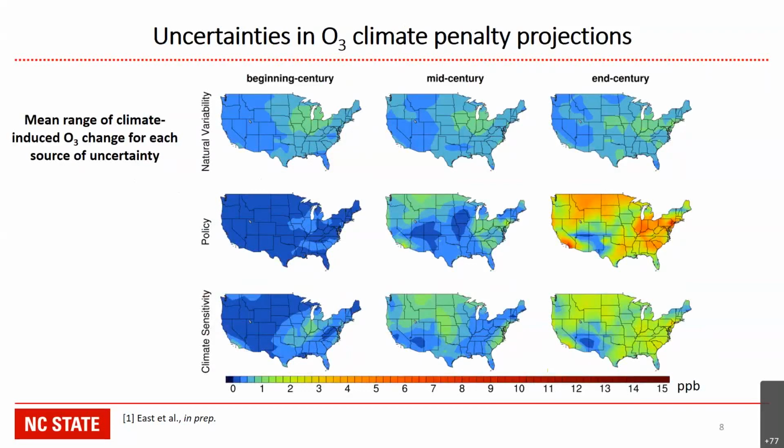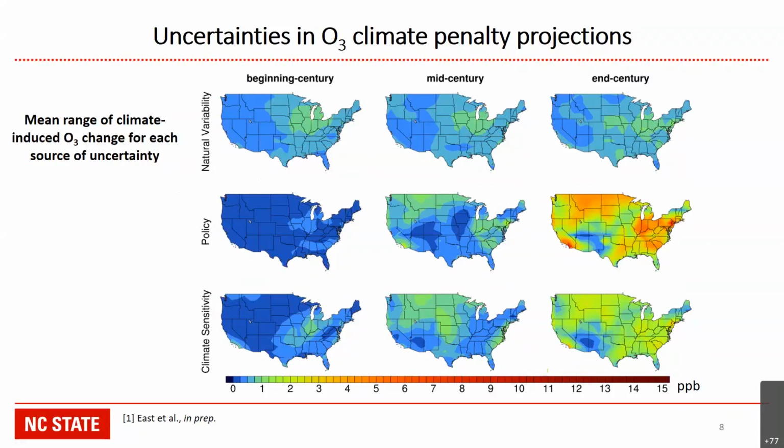And so these are the ranges. Here we're using the range in climate-induced ozone change for each source of uncertainty. So we hold the other 2 sources of uncertainty constant and see the range across these 3 major components of uncertainty. And what we can see is that initially, the uncertainty associated with emissions is of course very small because those emission scenarios don't deviate too much.